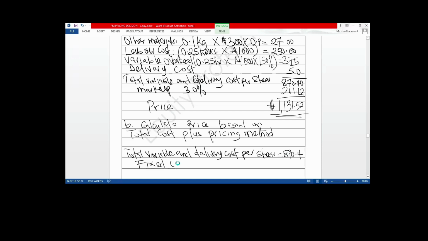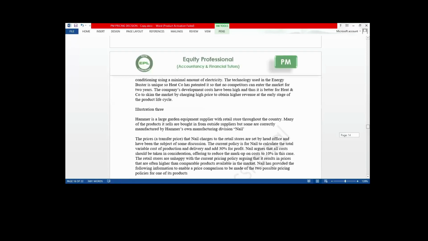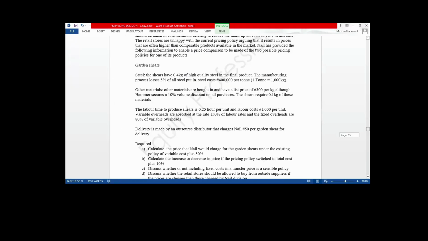Then I will now introduce my fixed overhead. Look at the question. What is the fixed overhead cost? We are told the fixed overhead cost is 80% of variable overhead.